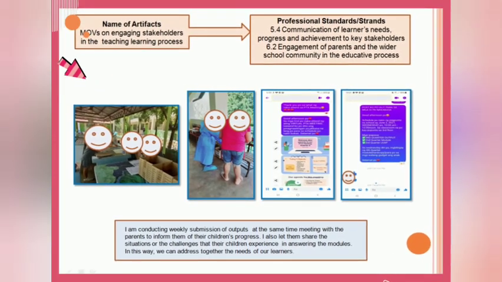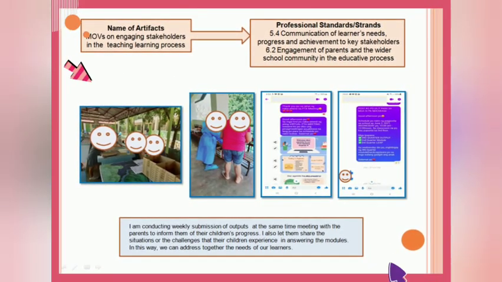And then we have another artifact, MOVs on engaging stakeholders in the teaching learning process, which will support 5.4, the communication of learners' needs, progress, and achievement to key stakeholders, and 6.2, engagement of parents and the wider school community in the educative process.